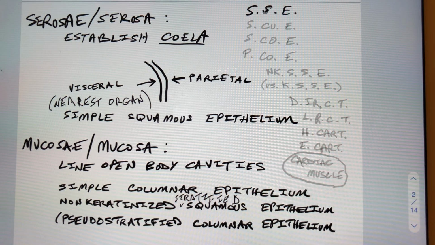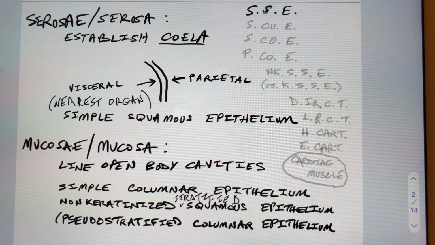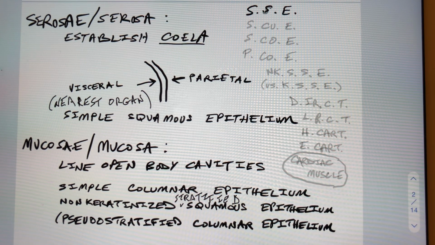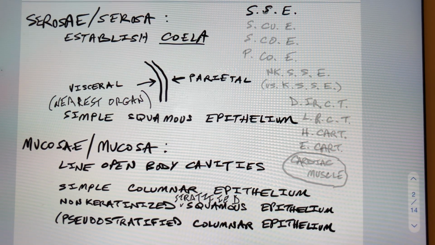And the capsule around our glomeruli, and glomeruli are networks of capillaries that look kind of like balls of yarn in the kidney. Okay, those glomeruli are encased in capsules that are comprised of simple squamous epithelium, and for that matter, the wall of a capillary, the lining of a larger vessel like an artery or a vein, would also be comprised of simple squamous epithelium.